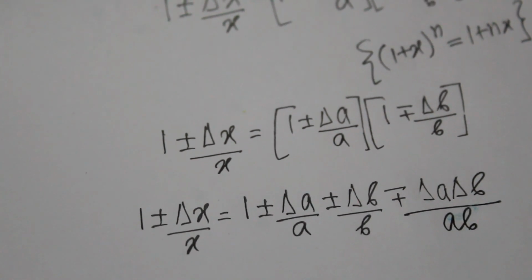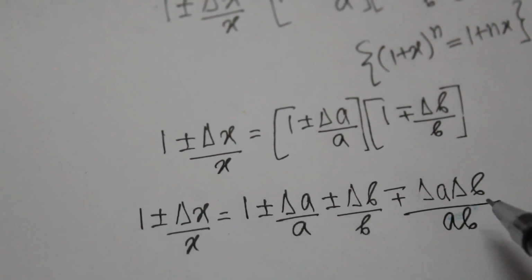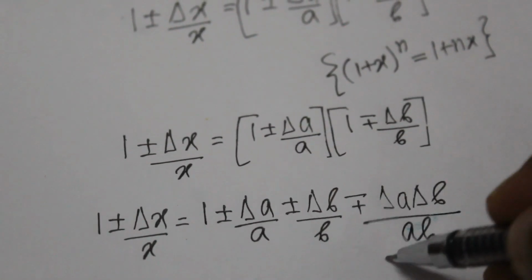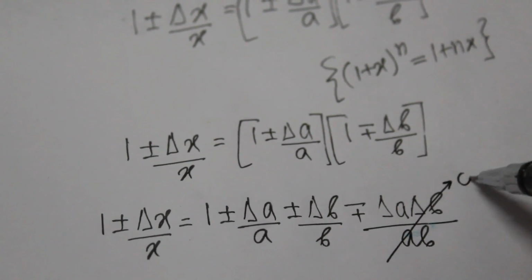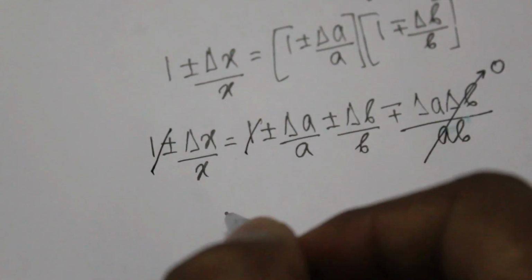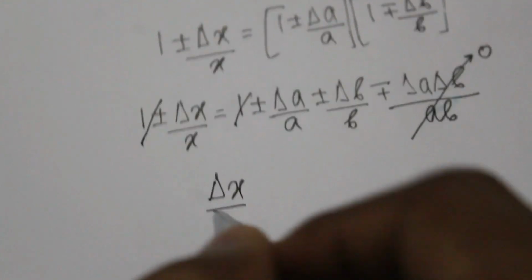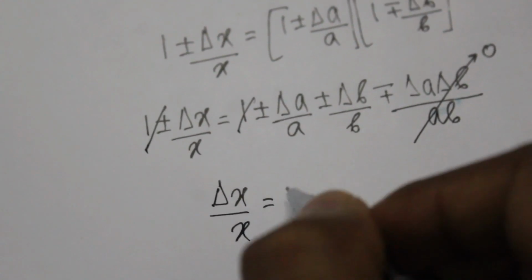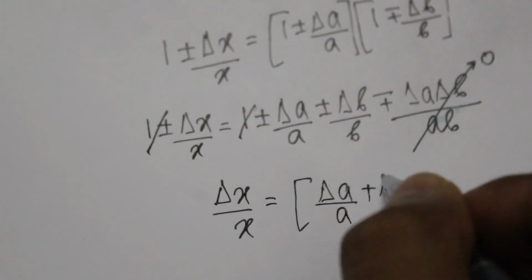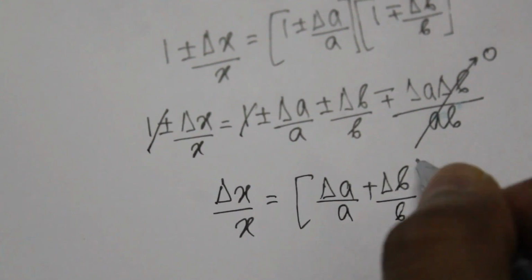As we have already discussed, delta a into delta b is a very small quantity, so we can neglect it and assume it to be 0. I cancel out 1. I finally get delta x upon x is equal to delta a upon a plus delta b upon b.